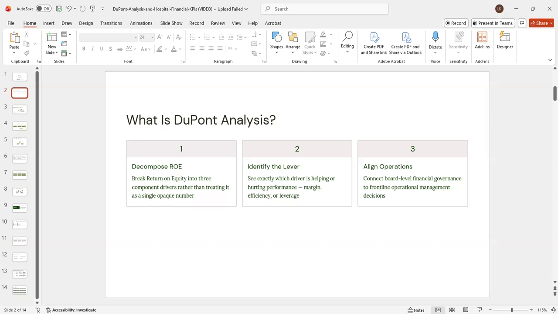And their goal in developing this tool was to help investors and managers understand what was driving a company's performance, whether it was being driven by high profit margins, or was it driven by very efficient utilization of assets, even when the margins may not have been high, or did it all come about because the company was highly leveraged? It used a whole lot of debt, and that debt was what was driving the results.